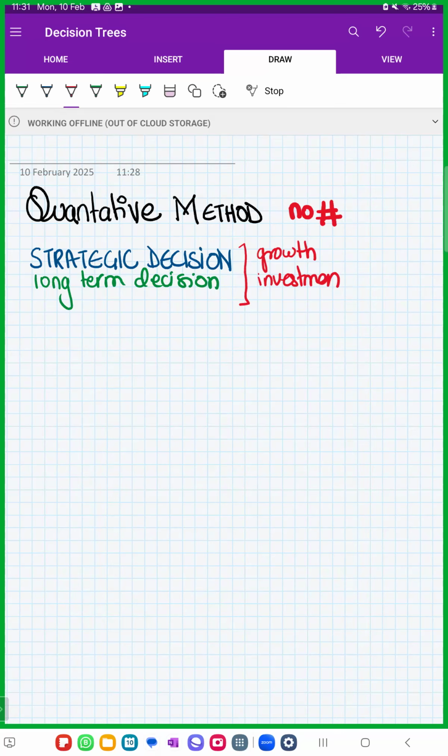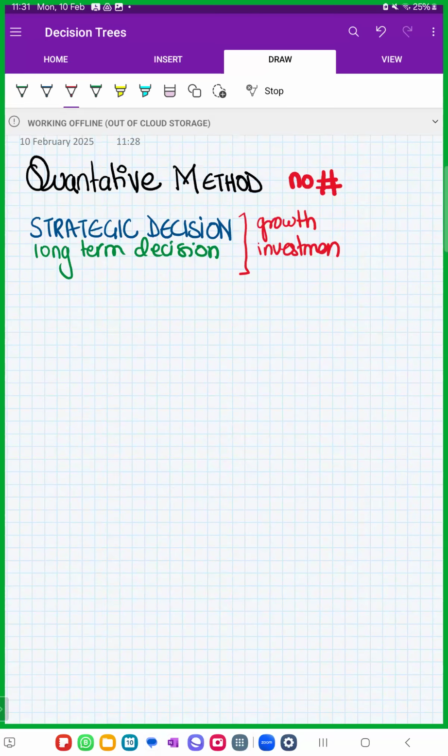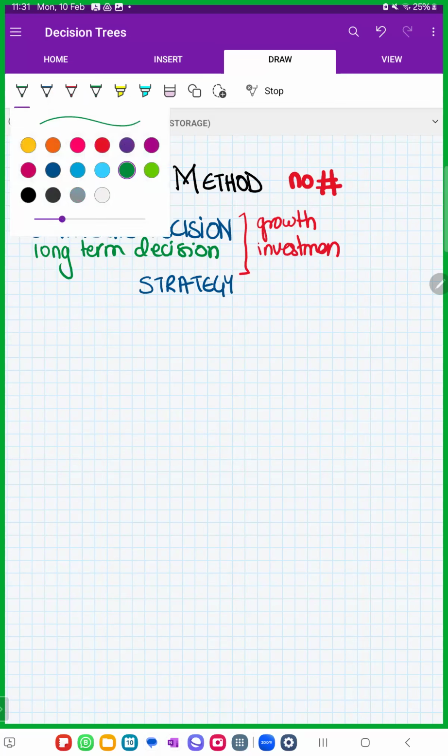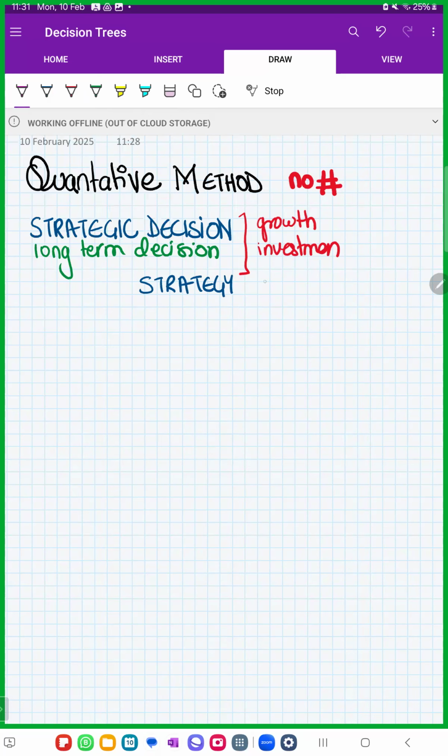So the upper level management uses these strategies to make strategic decisions. If you look at chapter 8 in unit 1, it's all about business strategy. The whole unit is on business strategy. What do we have there?